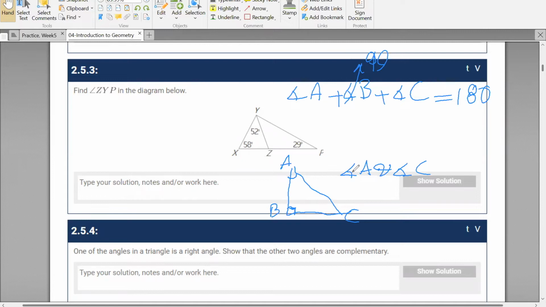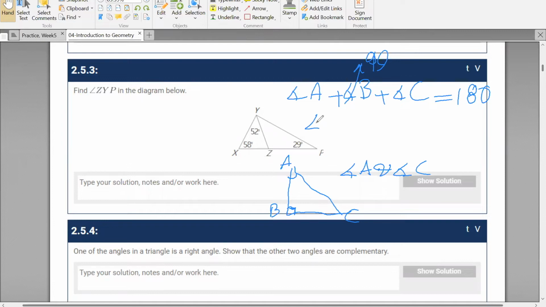So how do we do that? We just move this 90 over, because this is an equation. Angle A, angle B, and angle C have to add up to 180, because that's the definition of the internal angles of a triangle.